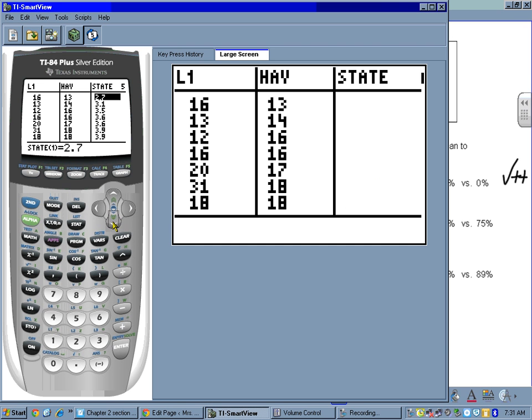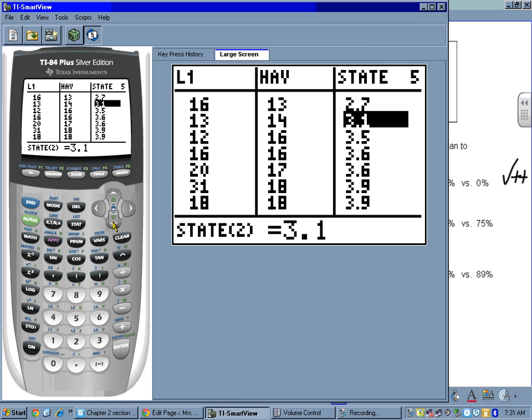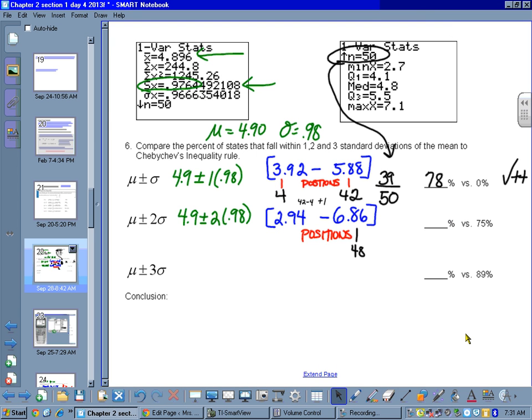If I keep going here, 2.94 being at or greater than that, that's position 2. So how many positions are there from 2 to 48? Again, I'm going to do 48 minus 2 plus 1. That will be 47 positions out of 50. Changing that into a decimal, you would get 94%. Chebychev guarantees 75. We're at 94. Again, we have super exceeded his rule.